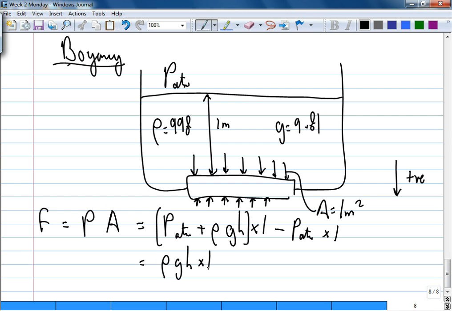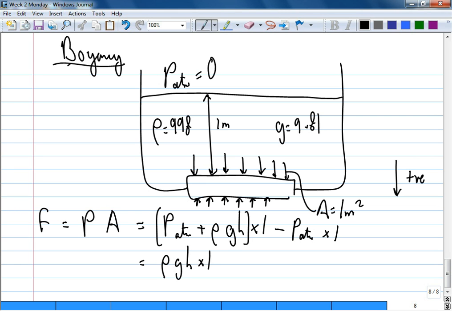So you will end up with rho GH times 1. Actually, that's the reason why, for this unit, most of the time when you need to calculate forces and so on, we use gauge pressure. In other words, we don't care about atmosphere. P atmosphere is 0, because we're using gauge pressure. It makes no difference. Using atmosphere makes your life more complicated, but it comes to the same answer.